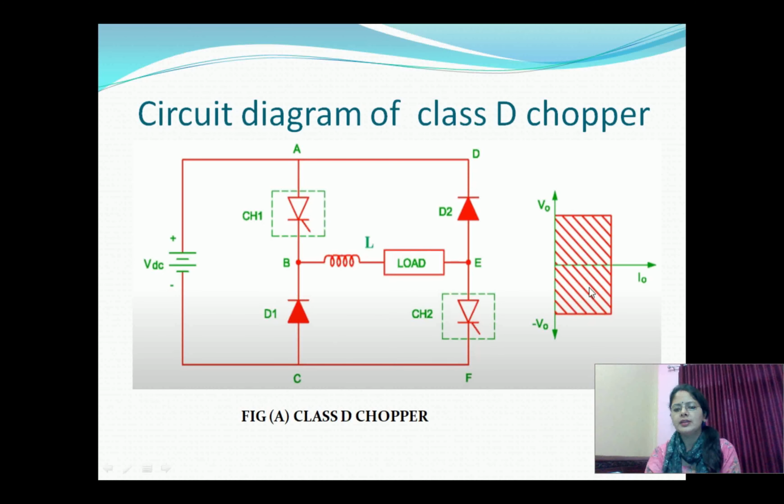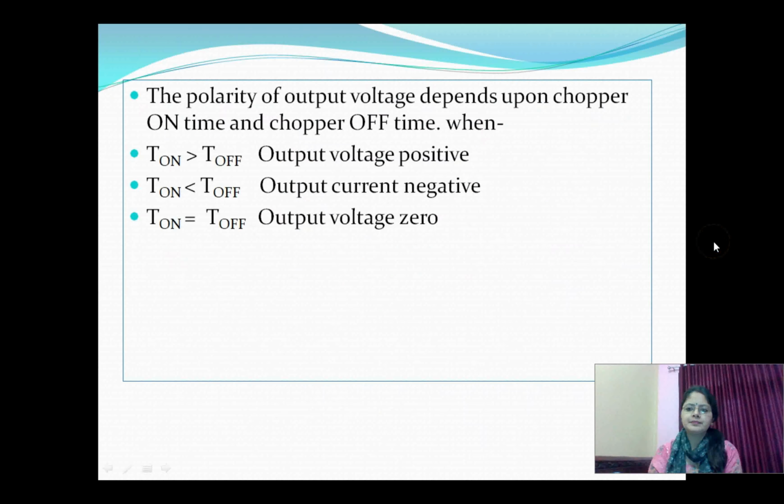That's why this is called a two quadrant operation chopper. So these are some important points regarding class D chopper.